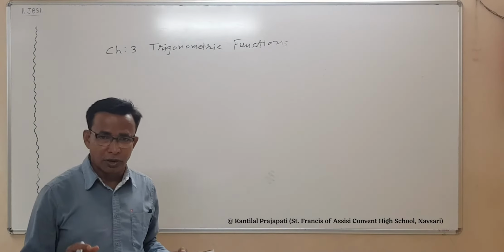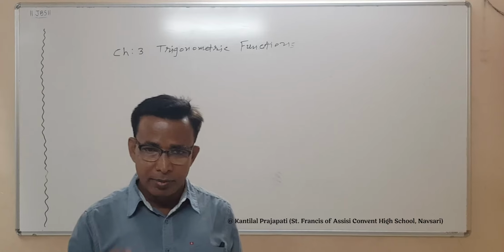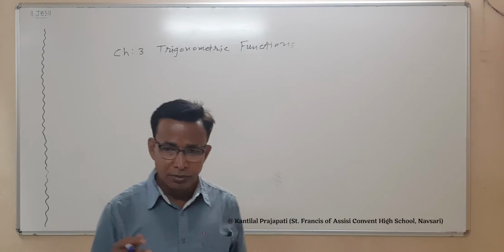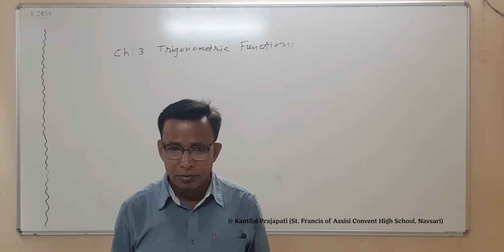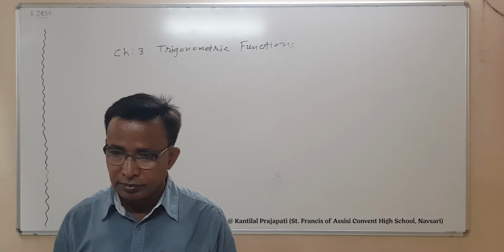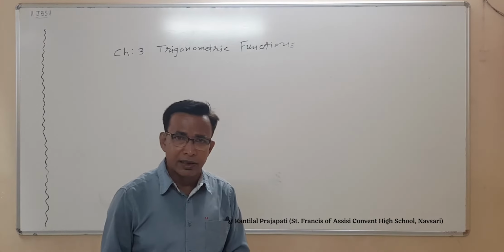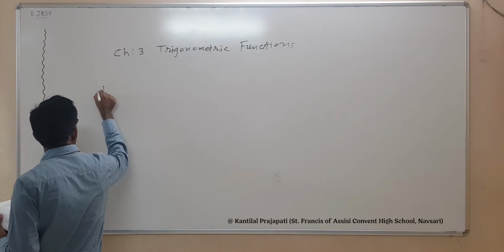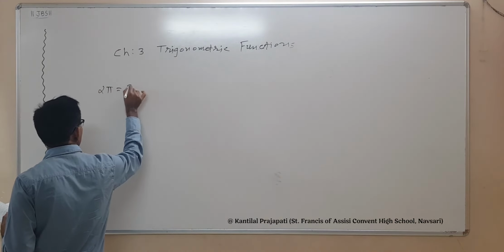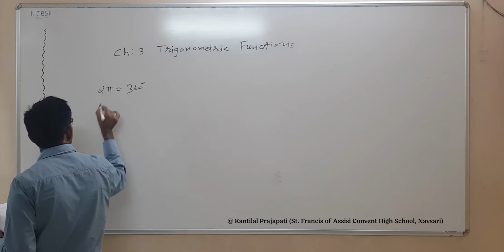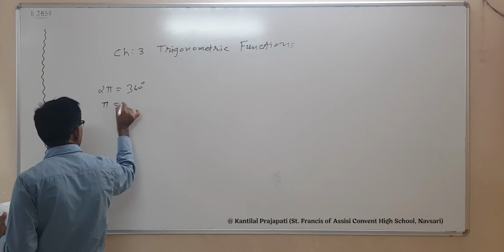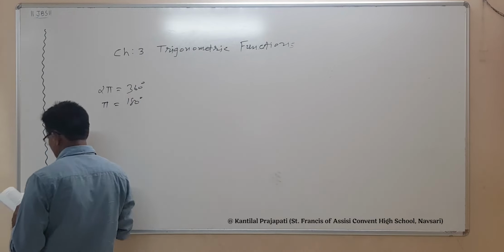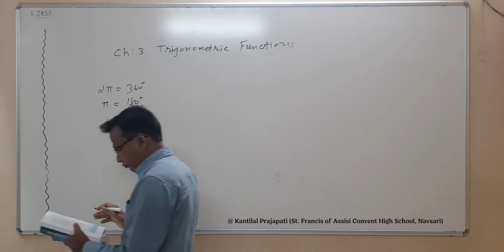Now we are going to solve examples to convert radian measure to degree measure and degree measure to radian measure. Before that, we write a few points again. 2 pi is equal to 360 degree. Pi radian is equal to 180 degree.